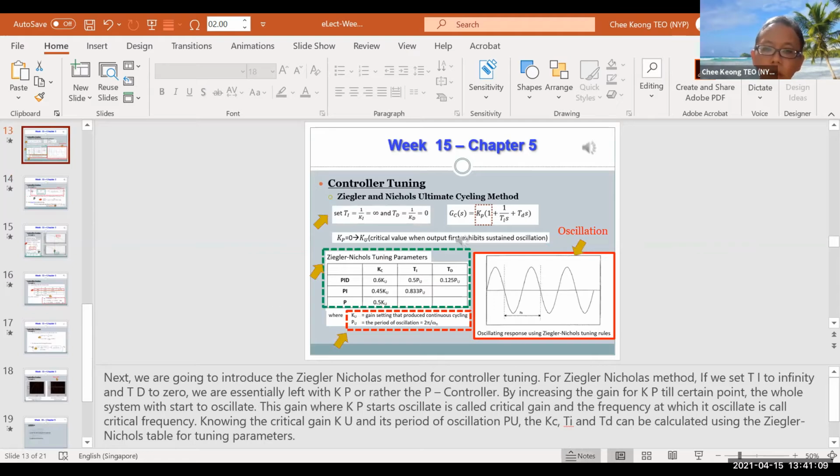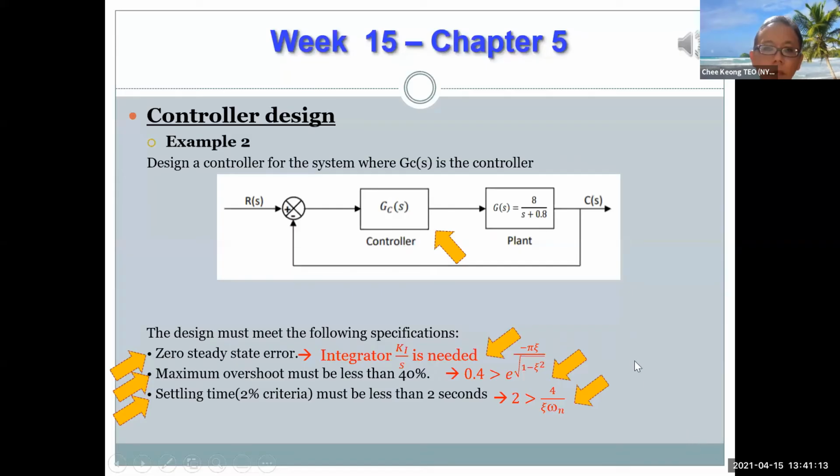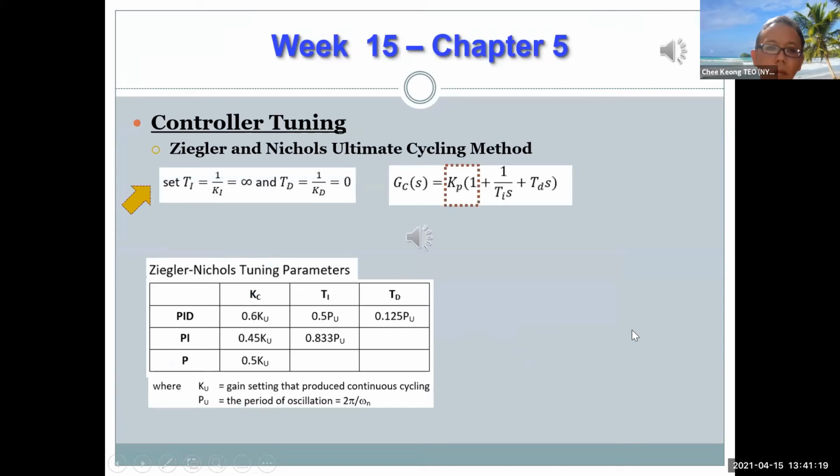Okay, we just finished at this page, so the next page will be this one. Next, we are going to introduce the Ziegler-Nichols method for controller tuning. For the Ziegler-Nichols method, if we set Ti to infinity and Td to 0, we are essentially left with the Kp, or rather the P controller.